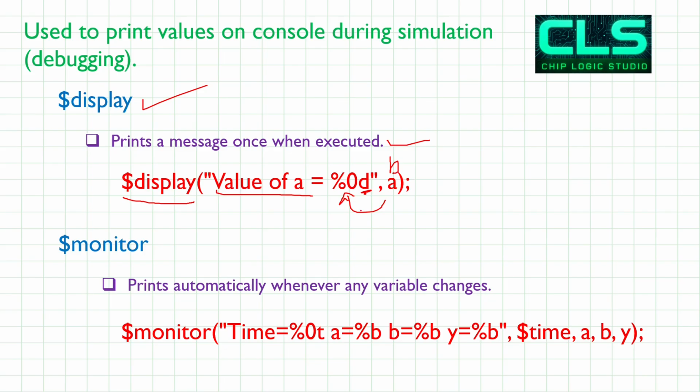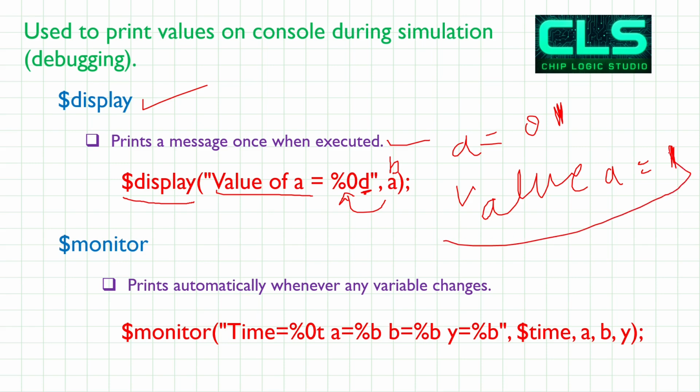For example, if a is binary 01, it means a is 1. So the printing statement will print value of a equal to 1. You can write the text in inverted commas, and you can print the value of a.